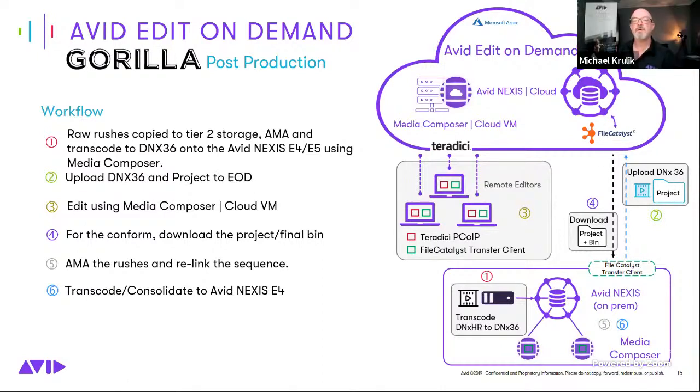Let's see, some other questions. We have a similar setup at work, but the playback is very choppy. Is there anything in the works to run smoother? Well, I guess we don't know what your setup is. We're talking about Edit on Demand, which is its own separate system. You do need to have good bandwidth. I think, what is it? We said 20 megs per screen. 20 to 25 megabits, yep.